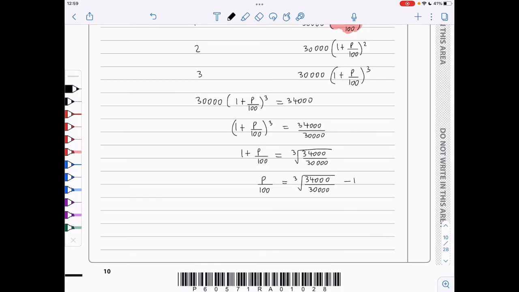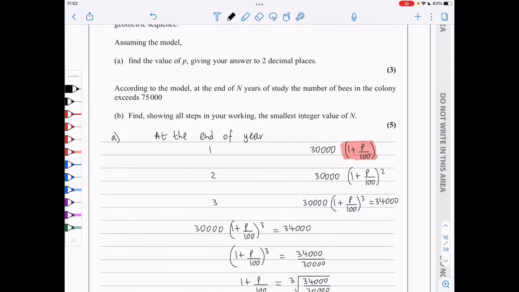And if I multiply this by 100, I get p to be 100 times the third root of 34,000 over 30,000, take away 1, which turns out to be 4.260360, which is 4.26 to 2 decimal places.